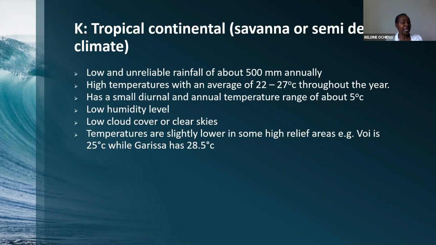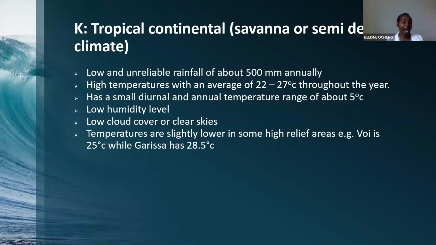But what is making it to be high temperatures? It is because we have overhead sun almost throughout the year. So it makes it to have high temperatures throughout the year. When we talk of high rainfall in the equatorial region, why high rainfall? It is because of the overhead migration of the sun north and south of the equator twice a year.